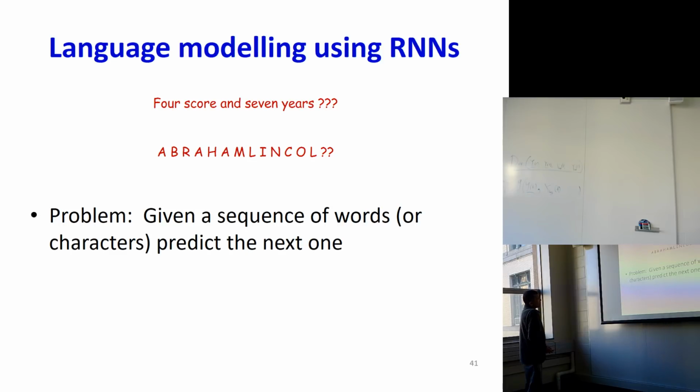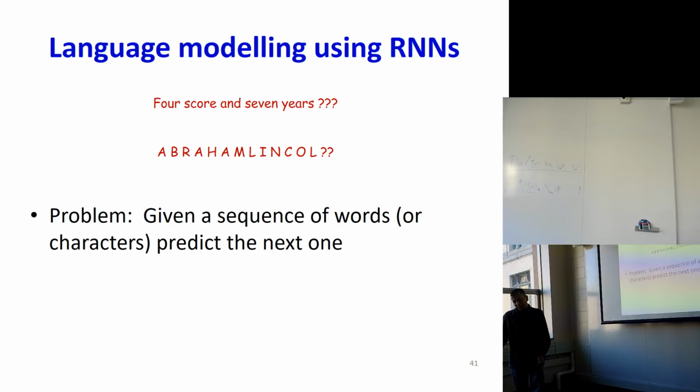The standard problem in modeling language is you're given a sequence of words or characters and you're supposed to predict the next one. So if I said "four score and seven years," what's the next word? It's going to be "ago," right? If I said the first few characters are A, B, R, A, H, A, M, L, I, N, C, O, L, what's the next character?